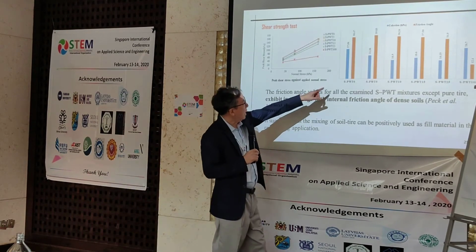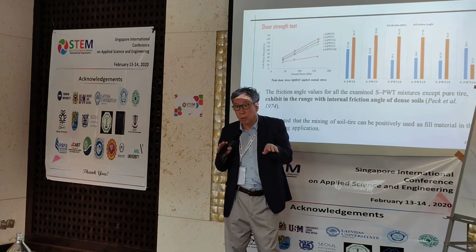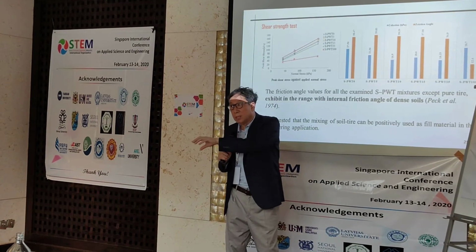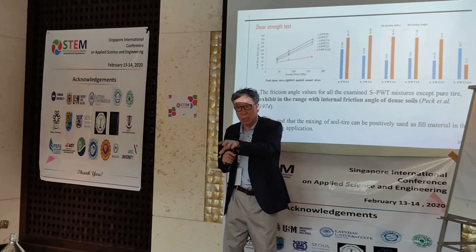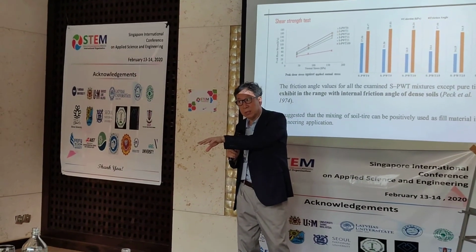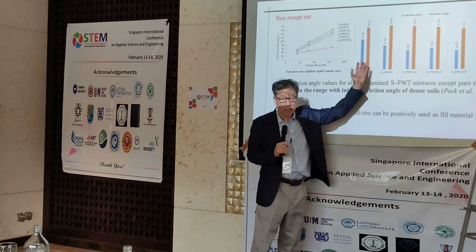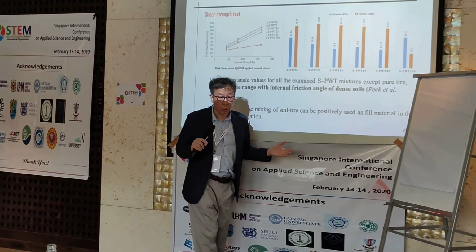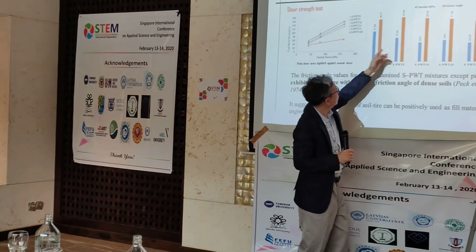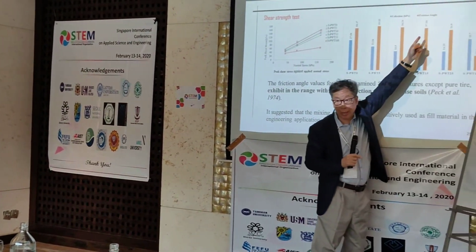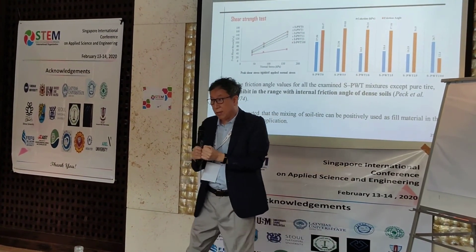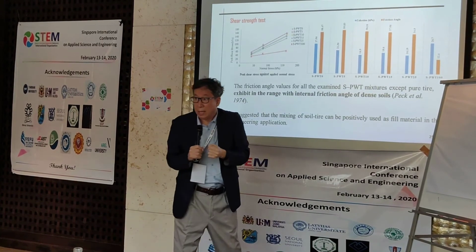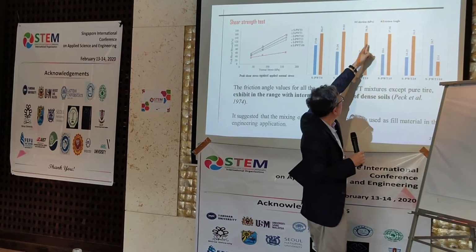So I tried to compare all the different mixtures, like a 10% mixture, 20% mixture, 30% of TAC, 40%. I kept increasing the mixture ratio, and I found out this is very important: the friction angle. Friction means the friction between each particle, and it still shows very high.